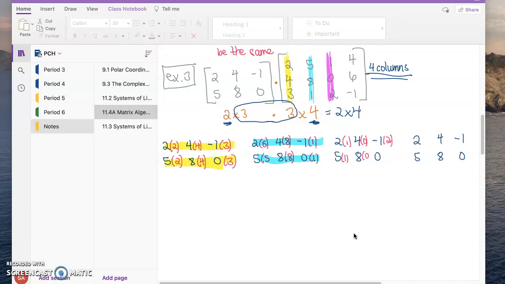And then the last column, I'm going to go 4, 6, sorry, -1. I almost did +1. 4, 6, -1. So that's that.